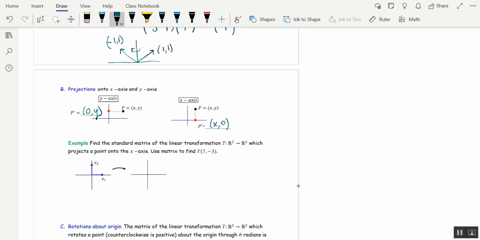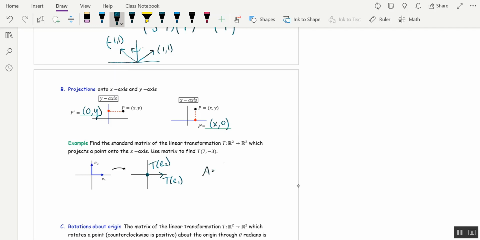Again, we start with E1 and E2 and see what T does to those. E1 is already on the x-axis, so T of E1 doesn't move. And then E2 is on the y-axis. That's just going to get crushed completely. It goes to the origin. So T of E2 is that single point.